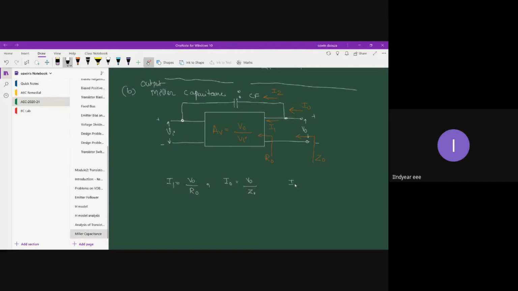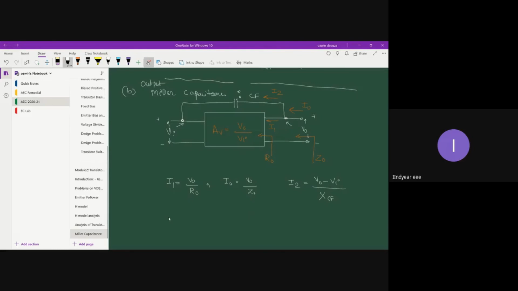And we can also write I2 as the difference in potential, because CF connects V0 as well as Vi. So basically, element CF is under the influence of input voltage Vi as well as output voltage V0. Since we are taking the analysis from the output side, we shall write V0 minus Vi divided by XCF, just like in the previous case.